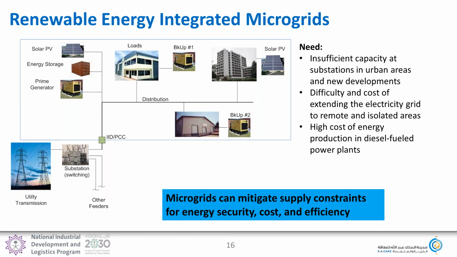And there are many facilities that are using some sort of auxiliary generation, and it's often dirty diesel generators that could be upgraded with microgrids. And so we think there's a real opportunity for business in the kingdom in this area, and we hope to see some proposals along those lines.